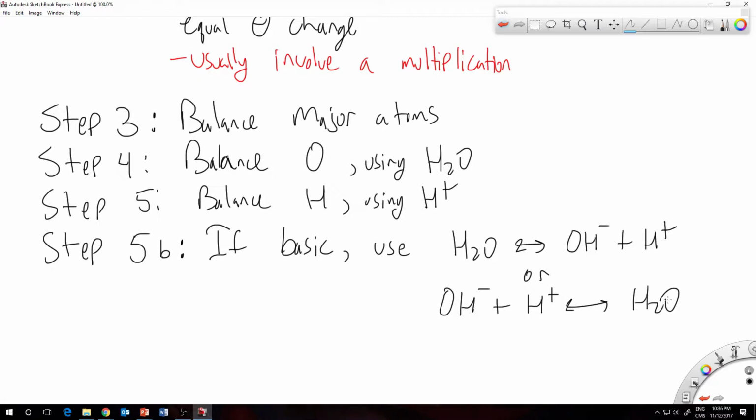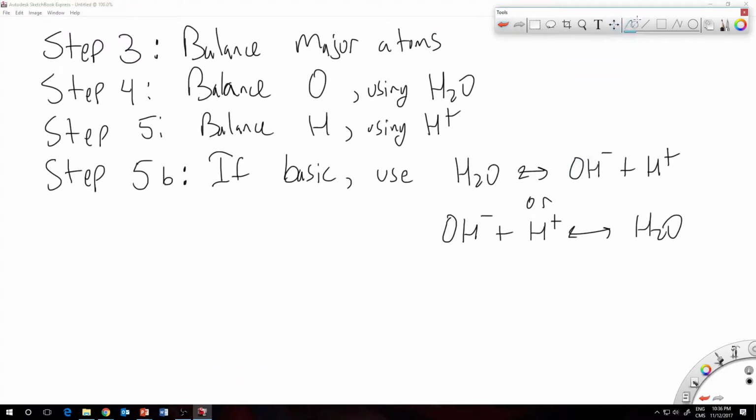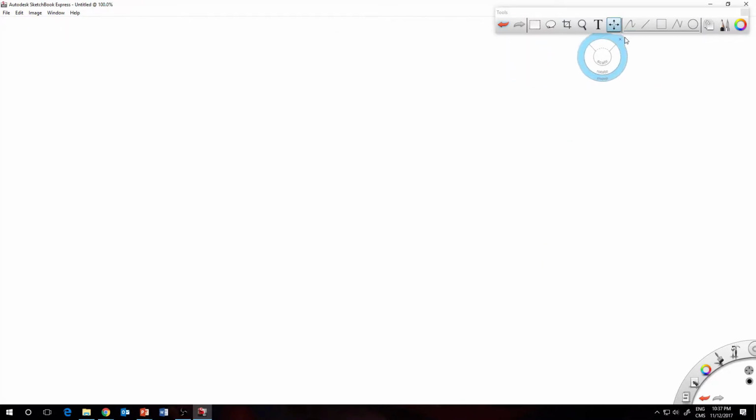You're going to use one of those two equations to convert it from an acidic situation to a basic situation. All right, so those are the five-ish steps that we would perform to balance a full redox reaction using oxidation numbers. Let's go through an example.